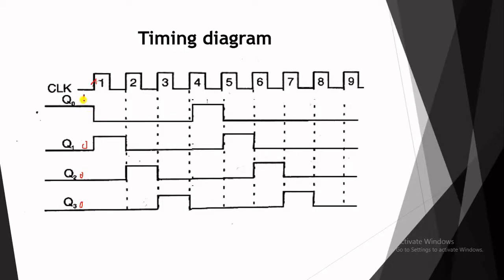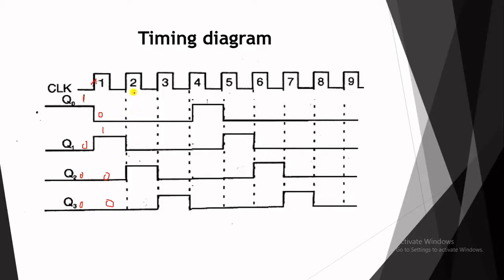So here 1 is shifted to here. So the output of the first flip-flop is 0, then here 1, then 0 and 0.